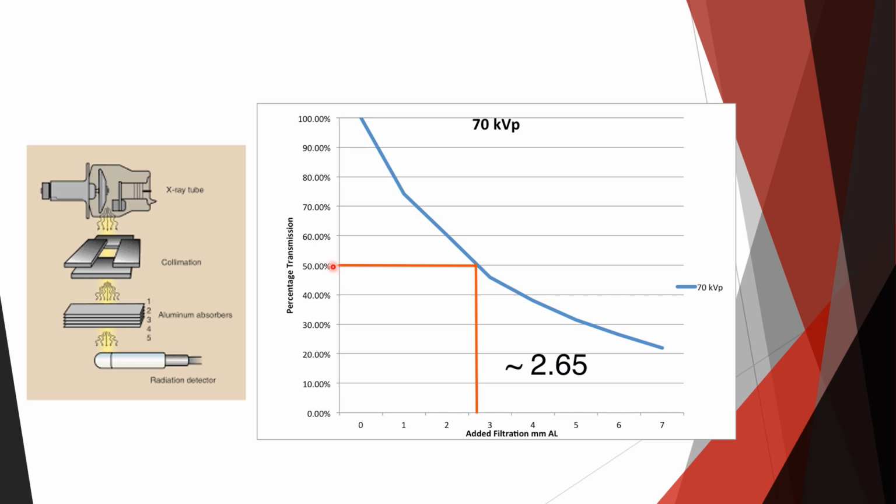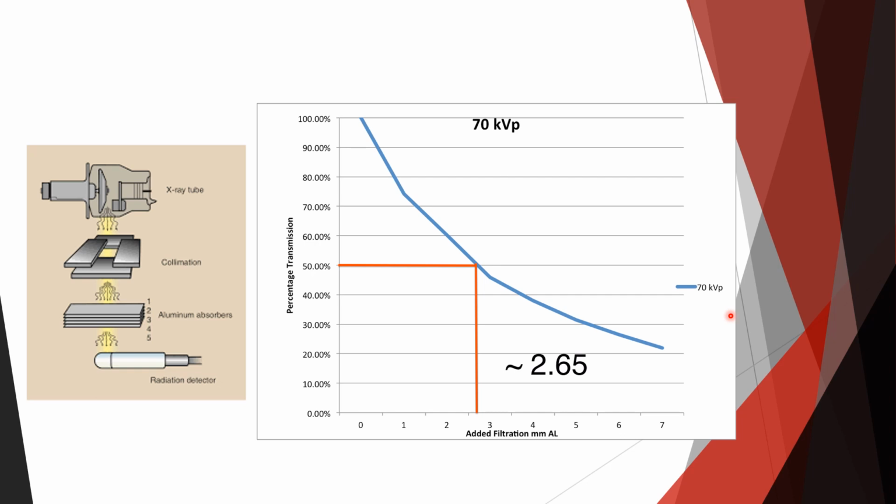Then a horizontal line was taken from the 50% to the curve right here. A vertical line was dropped down to the x-axis, and that corresponds to about 2.65. So the half value layer of this machine is 2.65 millimeters aluminum equivalent.